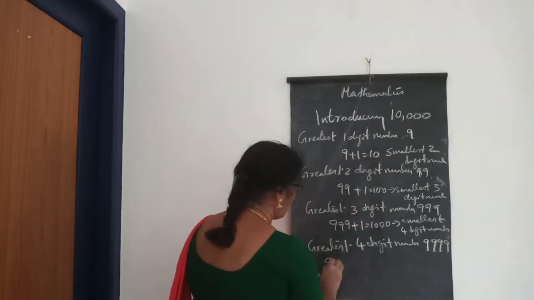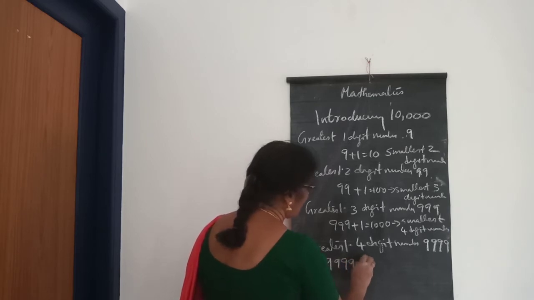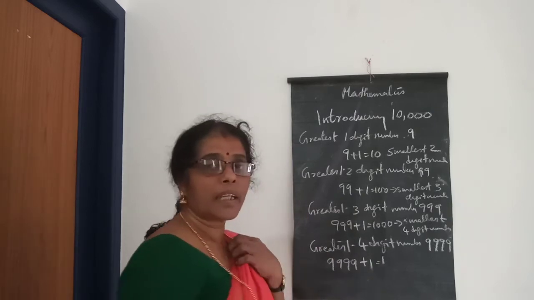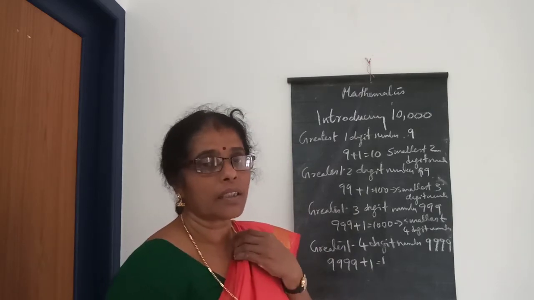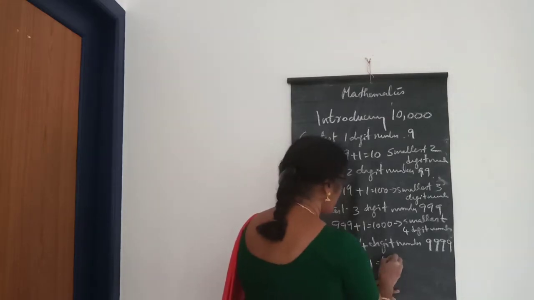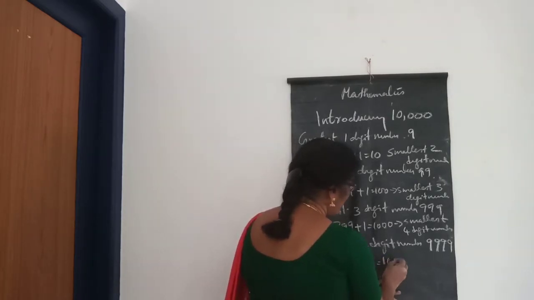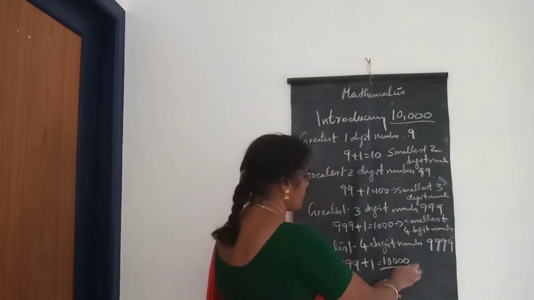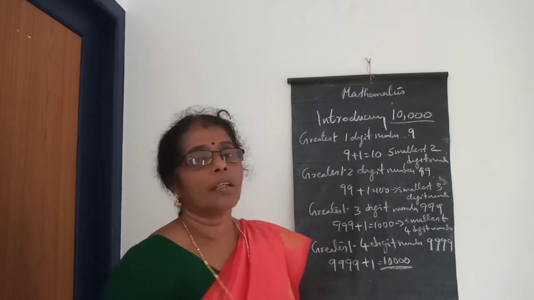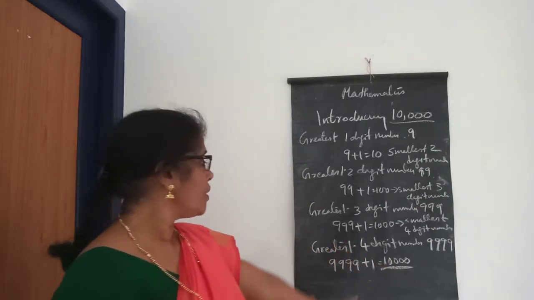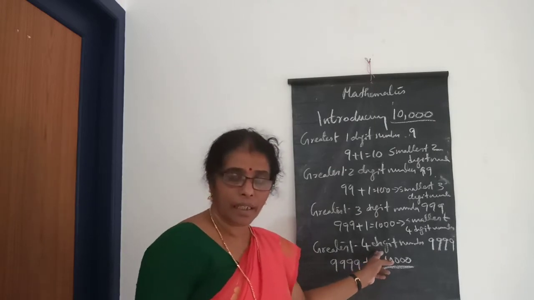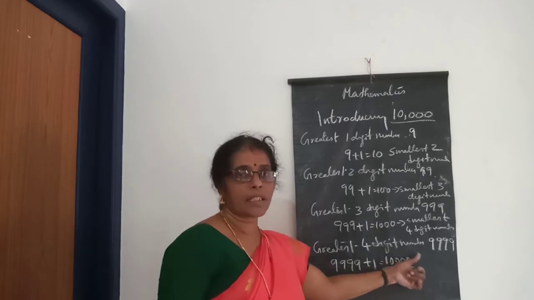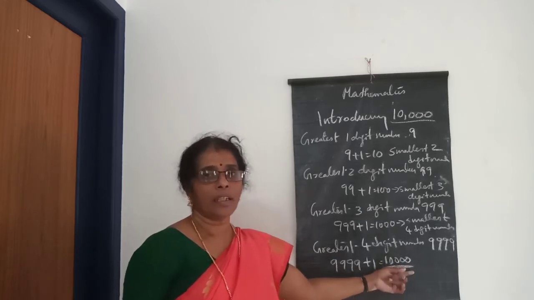If we add 1 with this 9,999, then we will get the next digit, that is 10,000. 9,999 plus 1, that is 10,000. So in 10,000, 5 digits are there and 4 zeros.